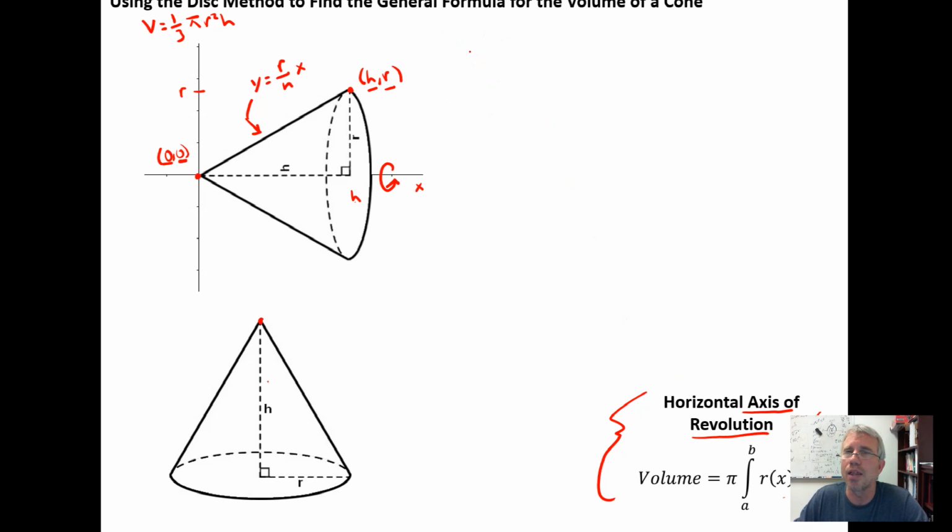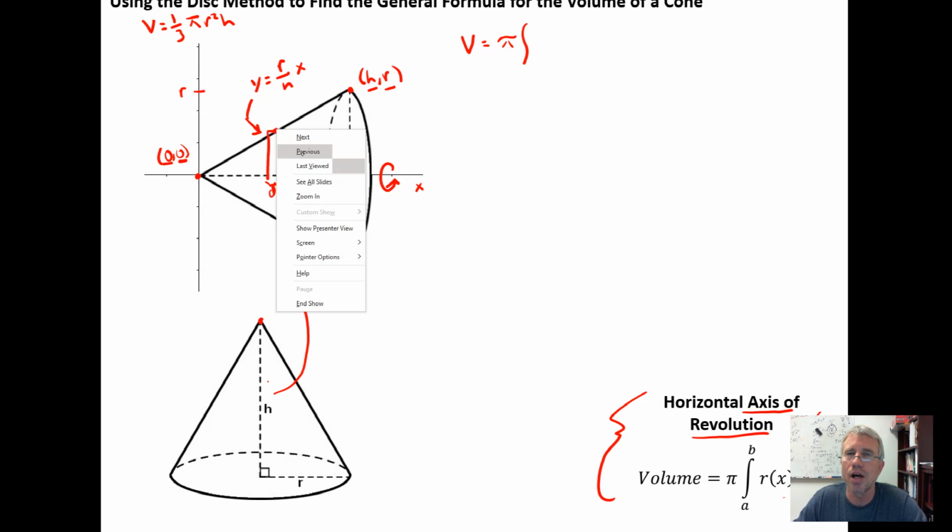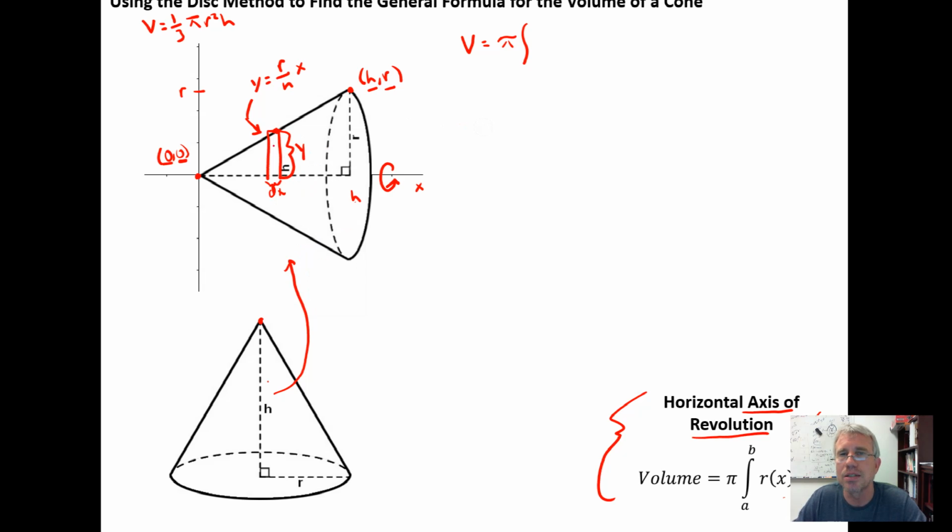So we would say, hey, the volume of my cone that I've taken from here and oriented into the xy plane nicely is going to be pi times the integral, and I'm integrating with respect to the x-axis. So if I draw in a representative rectangle like this, I want to recognize that these are dx slices, and my radii are going to be the y-coordinates on the line, the heights of that line.